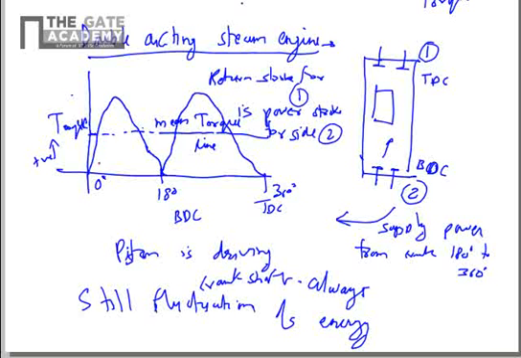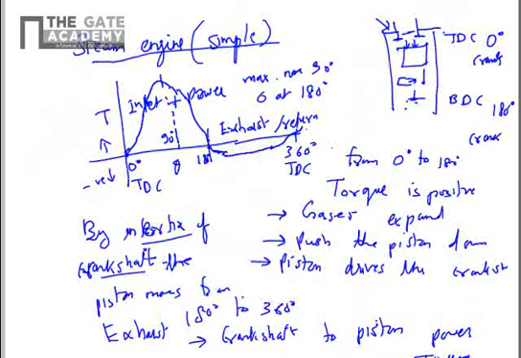So the mean torque that is supplied from the piston to the crankshaft has excess energy sometimes, and sometimes there is a deficit of energy. So in this case also fluctuation of energy is present. In the earlier case, where for a portion of the cycle the torque is negative, there also you can draw a mean torque line.